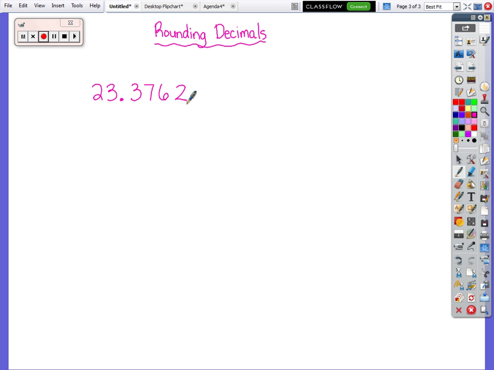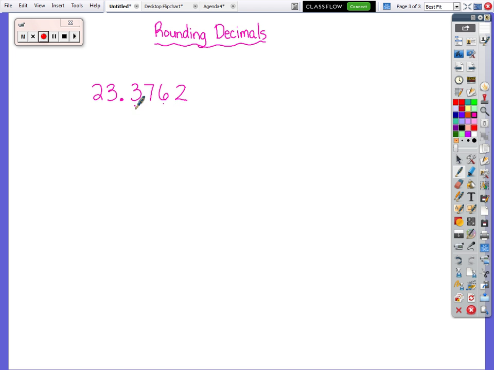If I have my decimal 3762, and that's as far as we're going to go, the way I would read this is 23 and then I have to think about my place values. This is tenths, hundredths, thousandths, ten-thousandths. So I would read this 23 and 3,762 ten-thousandths. You always use the last digit's place value.